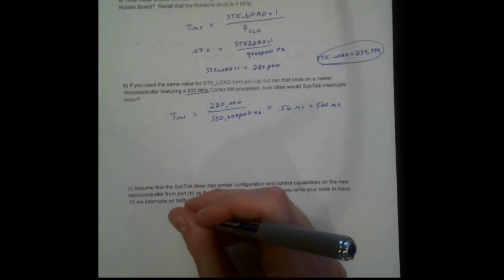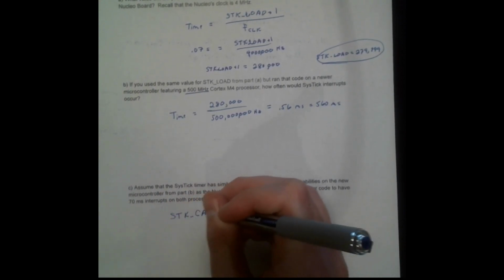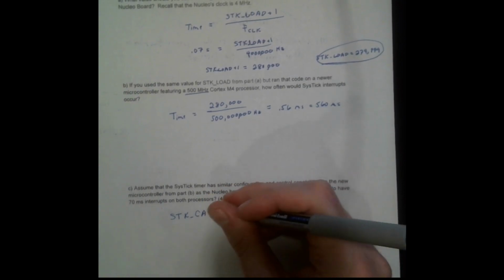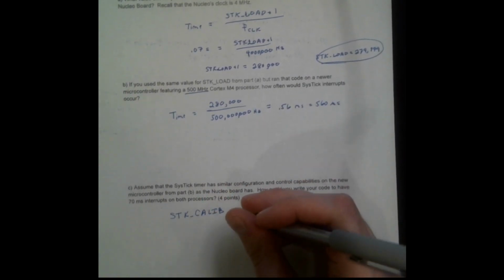And the idea here is you have to take into account the clock speed of both processors, which may be difficult to do, but luckily there is a register that we have, which is STK calib, and we'd use STK calib to get 10 ms interrupts on both boards.